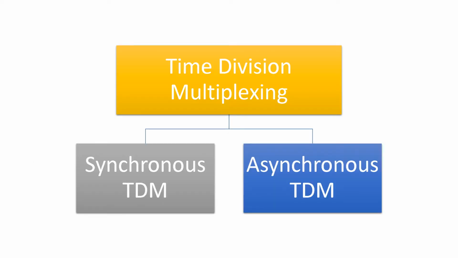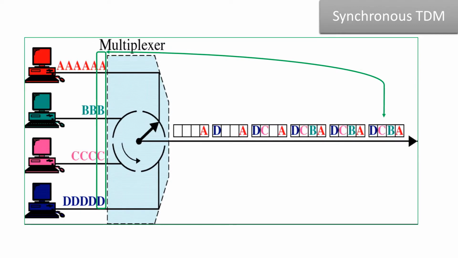You will learn two types of time division multiplexing in this course, which are synchronous TDM and asynchronous TDM. In synchronous TDM, each device is given the same time slot to transmit data over the link, whether the device has any data to transmit or not. Each device places its data onto the link when its time slot arrives.